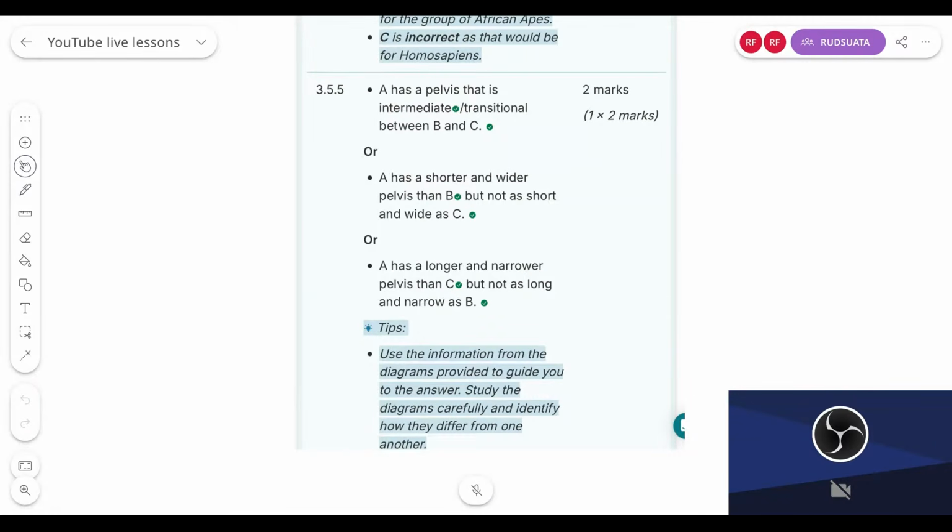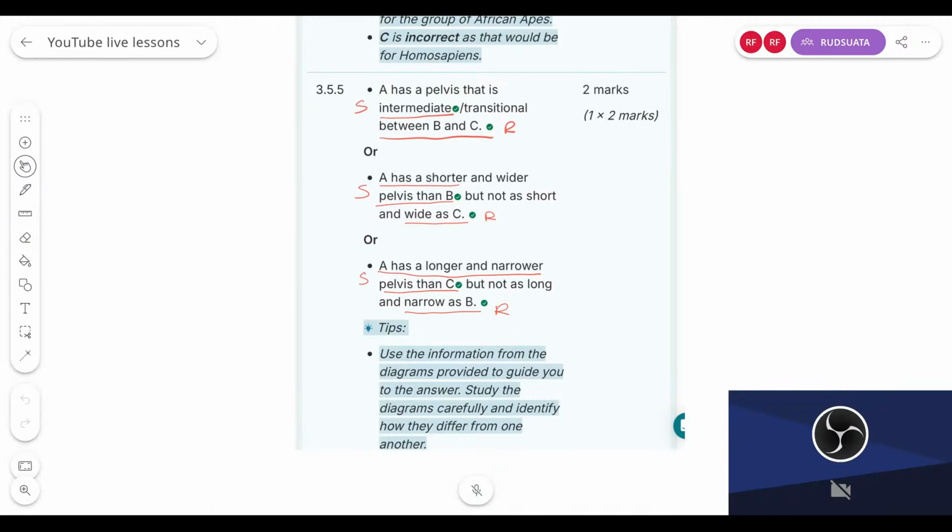So if we want to look for statement and reason, we can look at the pelvis is intermediate, statement. Reason, because it's between B and C. Or A has a shorter, wider pelvis than B, statement, but not as short and wide as C. Reason. A longer, narrower pelvis than C. So A has a longer, narrower pelvis than C, statement, but not as long and narrow as B.